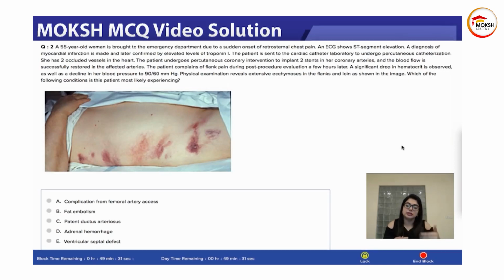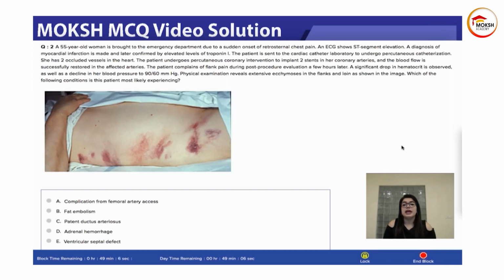First, when you insert, you're basically puncturing a blood vessel, right? So first, it could lead to a hematoma. Now, that hematoma could be external, and if there's an external hematoma, it can present with a systolic bruit. So you're going to get a systolic bruit, external hematoma, basically under your inguinal ligament.